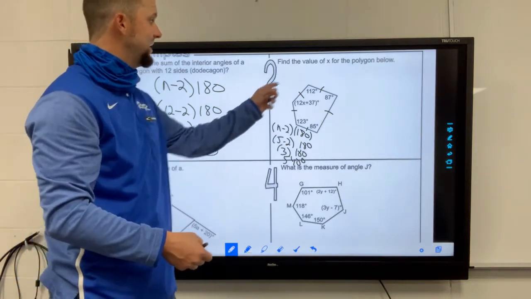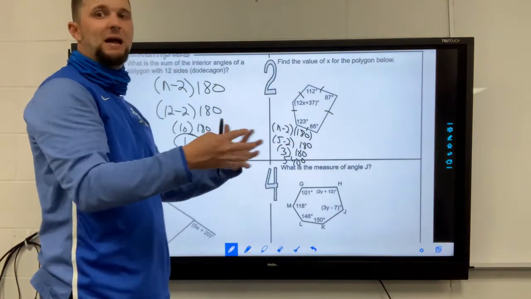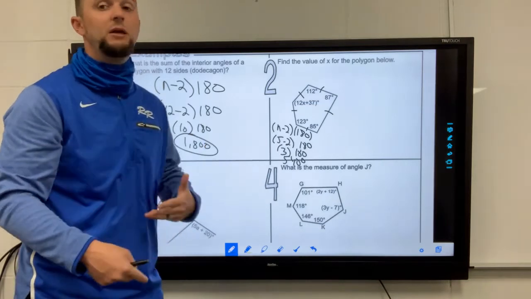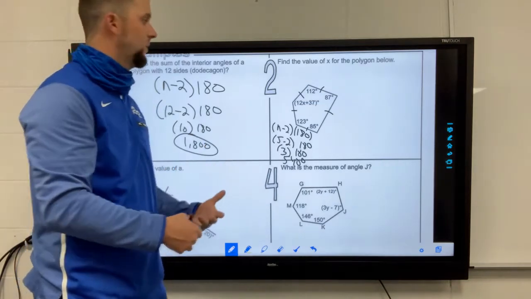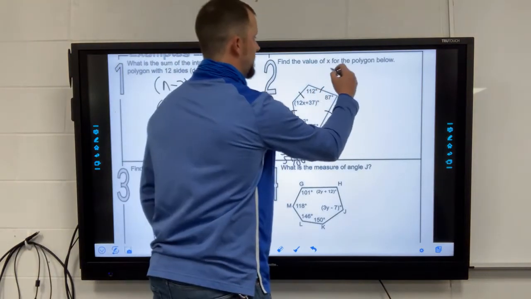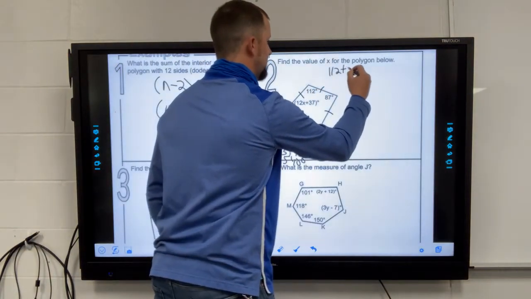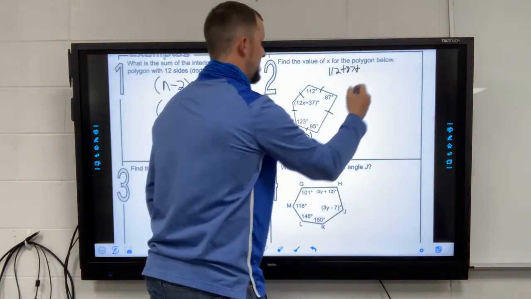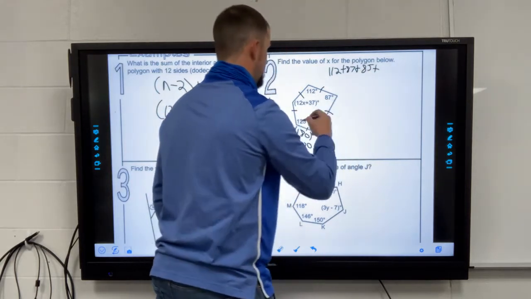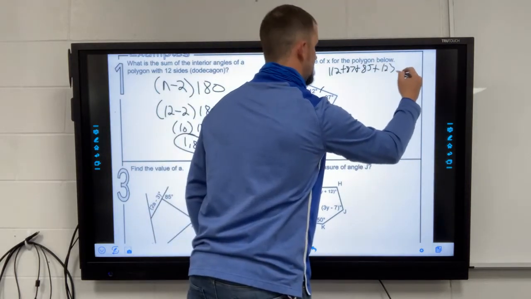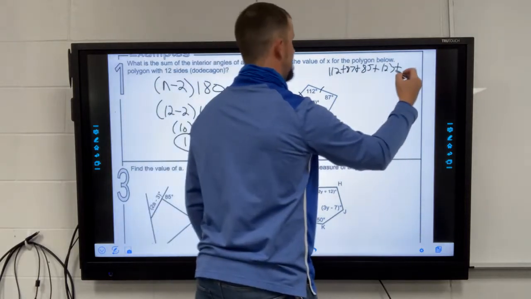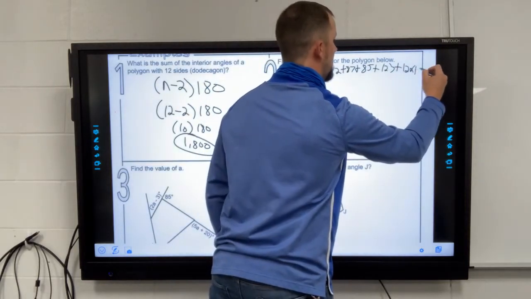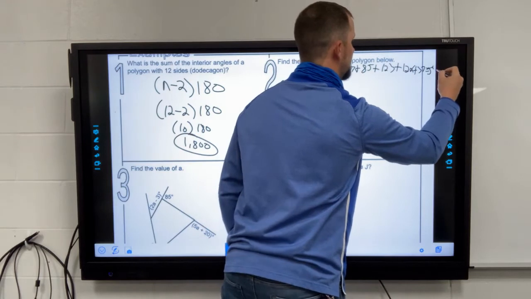So what I'm going to do is take all this, combine like terms, set it all equal to 540, and solve for x. Right now it looks like I have 112 plus 87 plus 85 plus 123 plus 12x plus 37, and all that is going to be equal to 540.